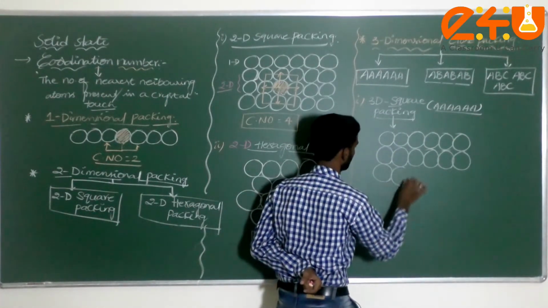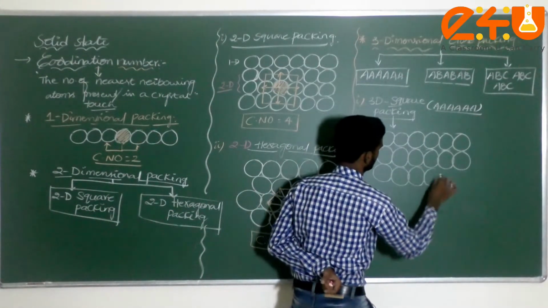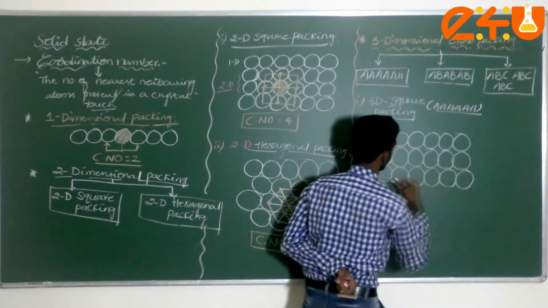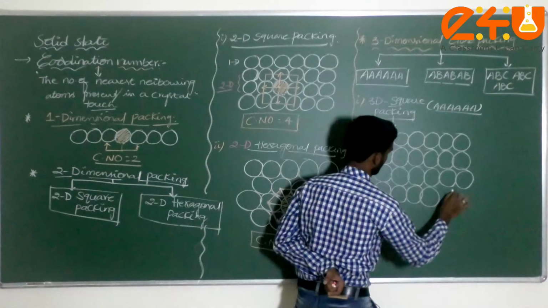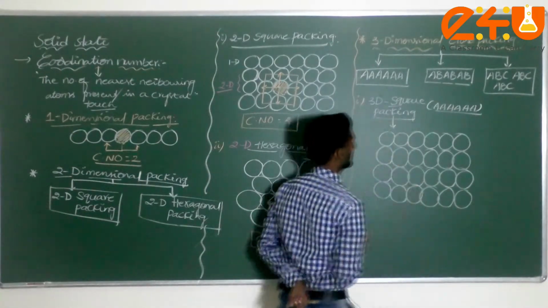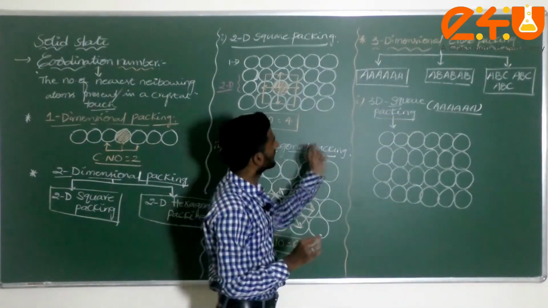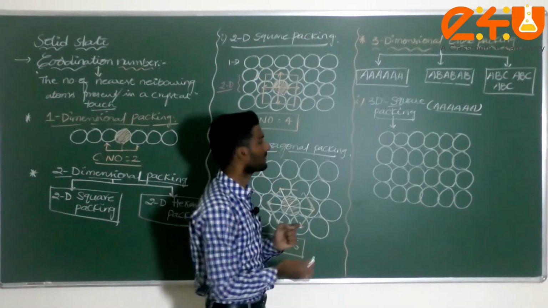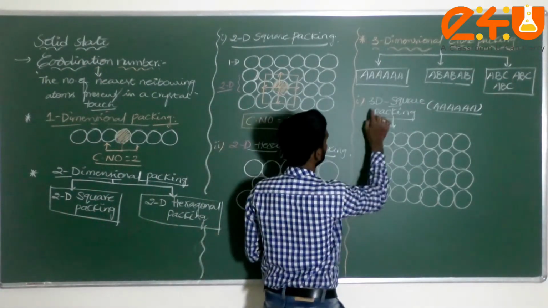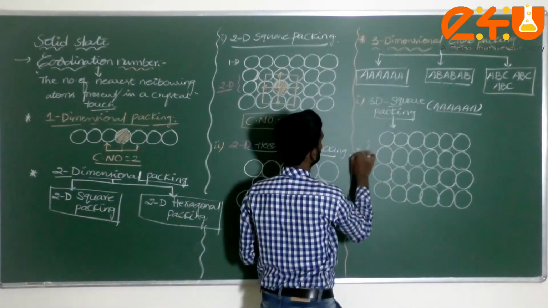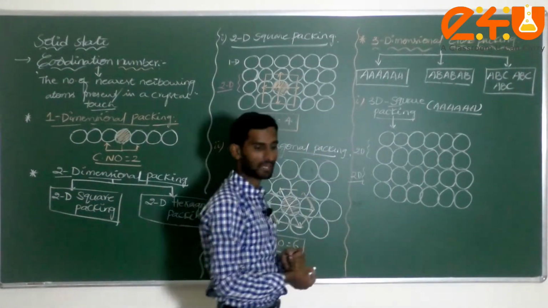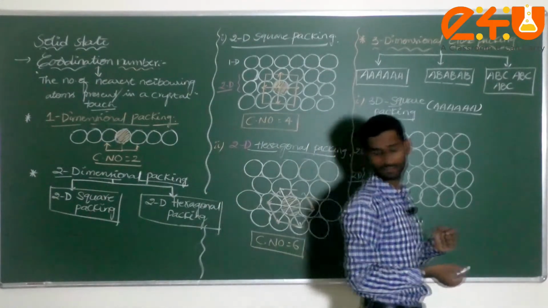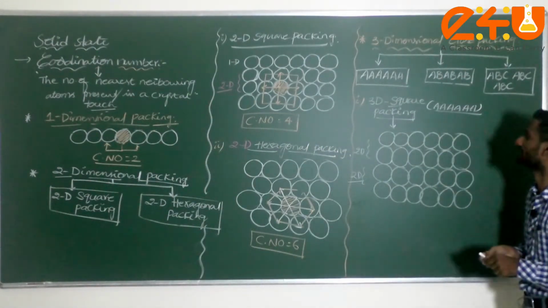Next one. Am I correct, dear students? This is called two-dimensional layers. Everything here comes under, dear students, 2D. Am I correct? Next one, in that 2D, what you have to do here.